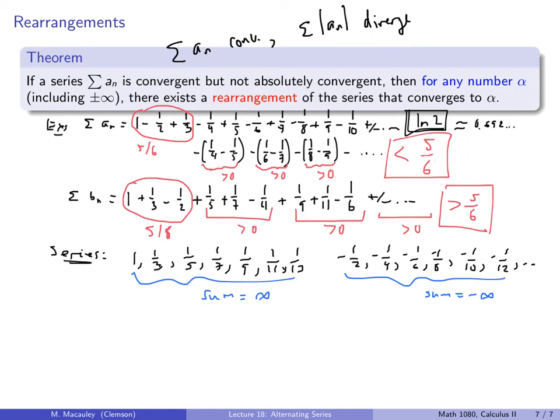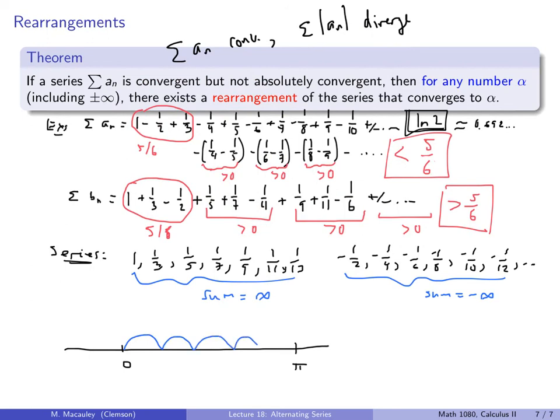Let me draw a number line here. We're going to start at 0, and let's say pi is up here. So I have two buckets: a positive bucket and a negative bucket. I'm going to start drawing from my positive bucket, and I'm going to keep adding numbers together.